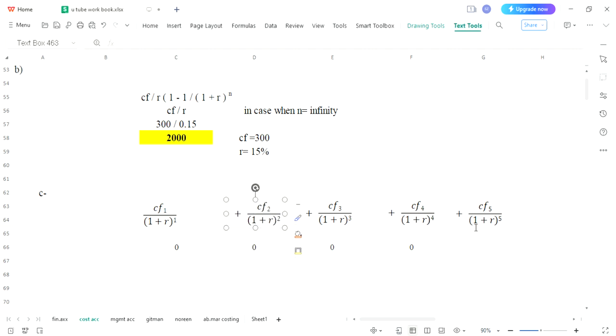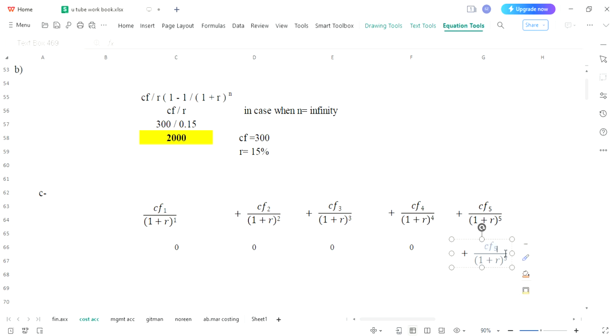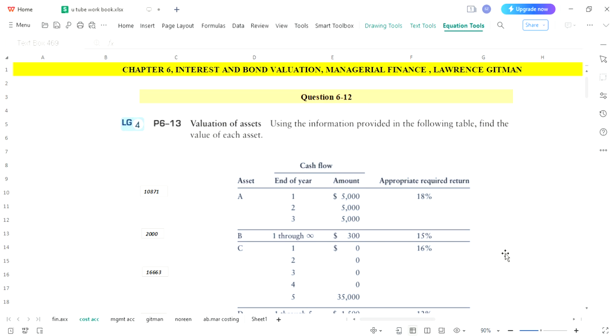For the fifth value, let's start posting the amount over here. Your fifth cash flow is written in your question. Let's see how much the value of the fifth is. This is 35,000 with 16%.